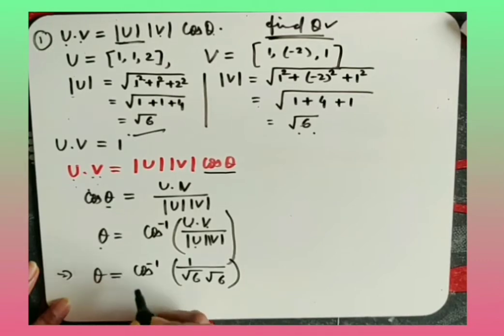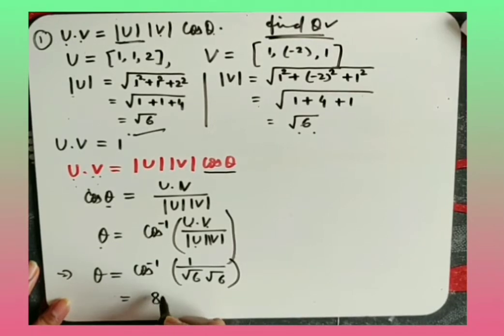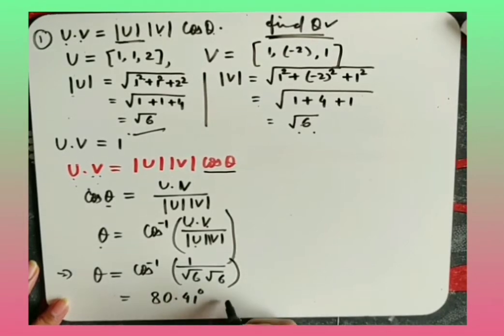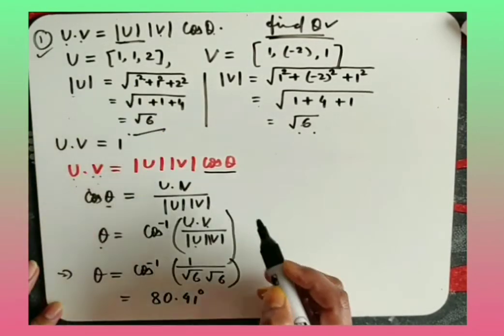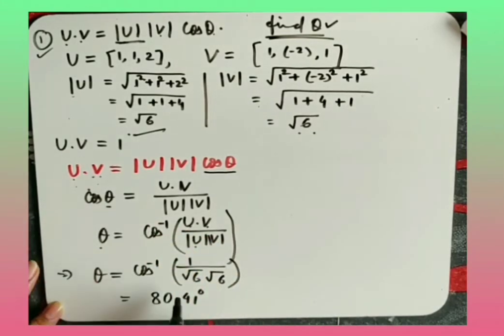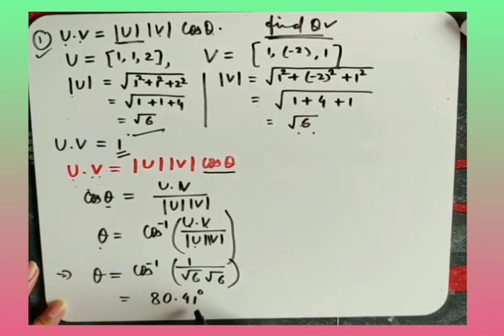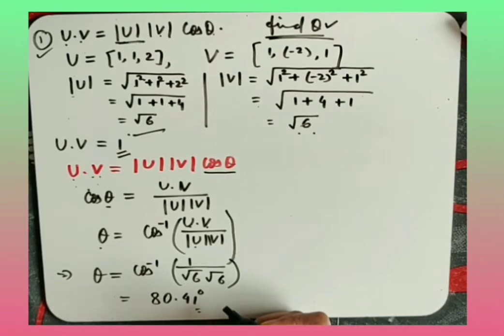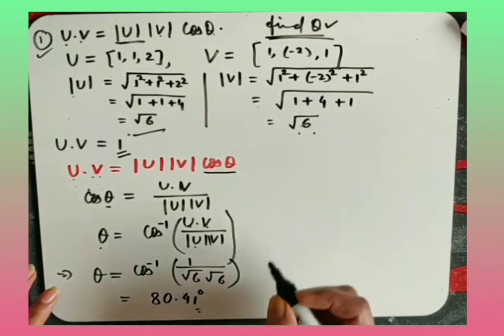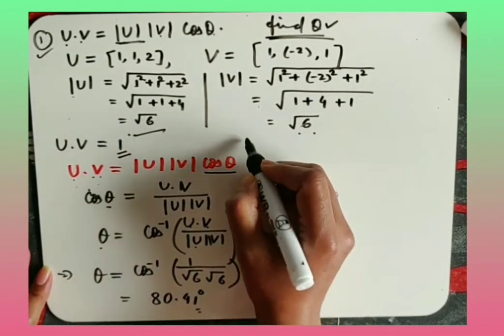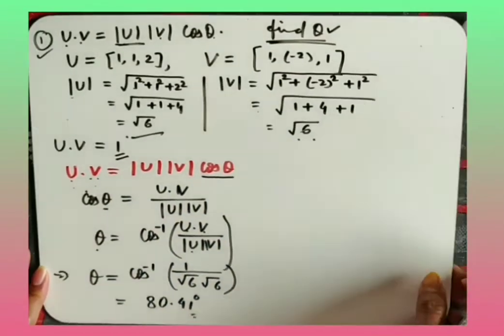Put everything in the calculator and press the degree button and you will get theta equal to 80.41 degrees. So this way we can use both methods. The first one is only for the dot product, where we always get a scalar value, and the second method we use to find theta. Now I am going to explain some properties of the dot product.